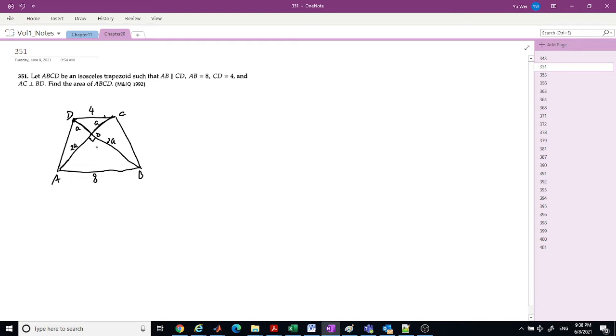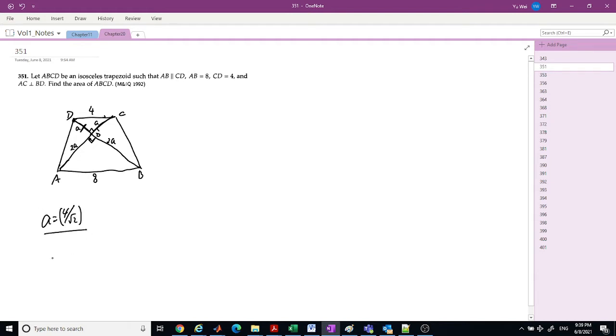If we can solve for A, we can solve ABCD. You can see here is the right angle, and also by symmetry, this is an isosceles right triangle. So A is equal to 4 over root 2.